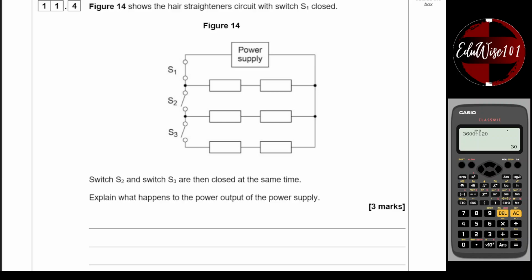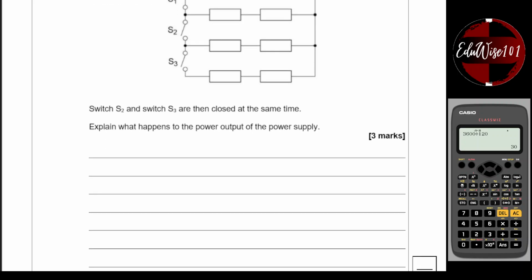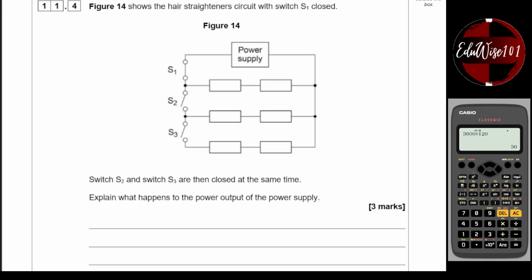Now you need to understand what happens to the total resistance for you to be able to answer this question. I think it's this part, the reason why they actually removed this question, because they're not actually meant to ask questions on resistance in parallel, just in series.